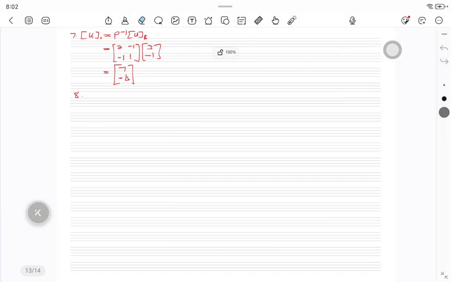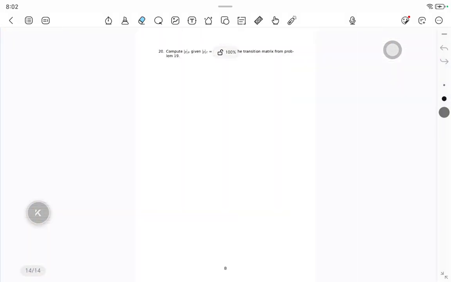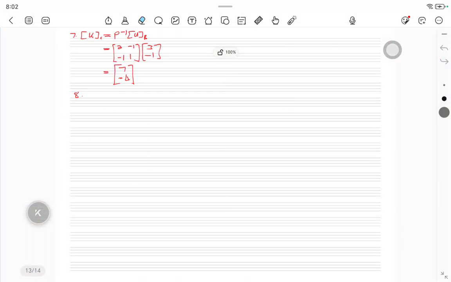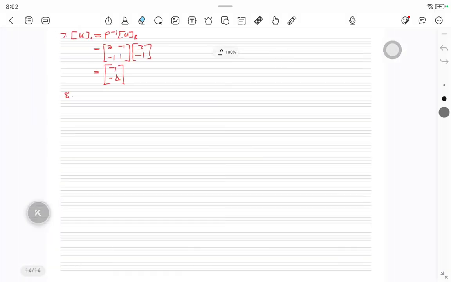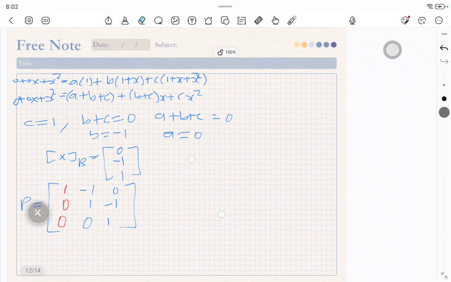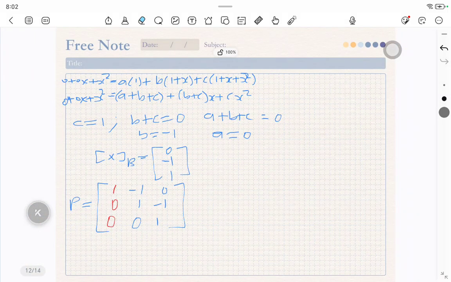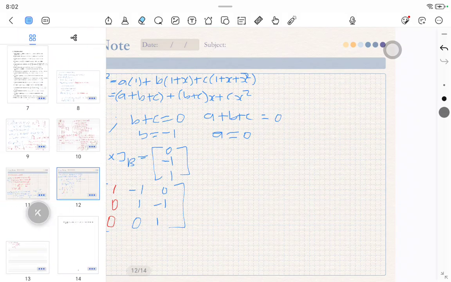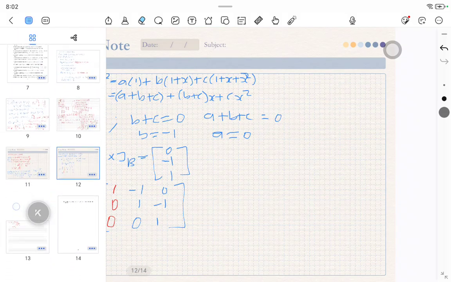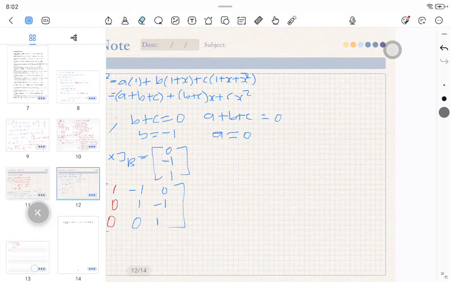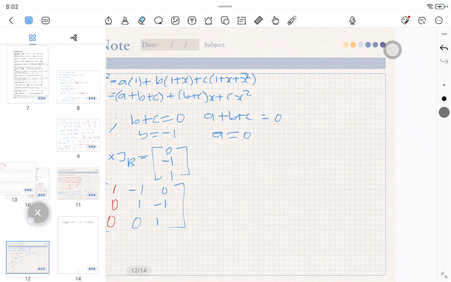If you are not getting some of the things, you're just going to look at the rest. So let me just stop the recording here.